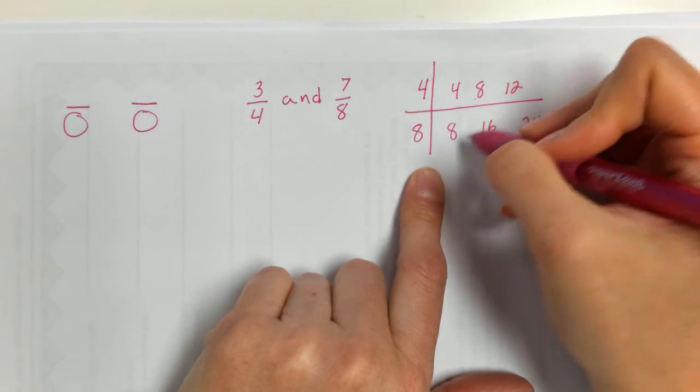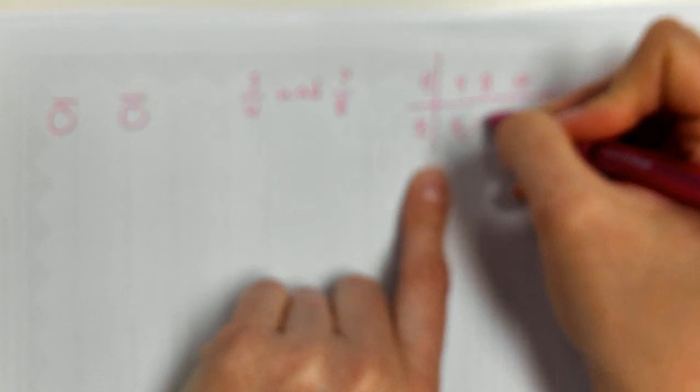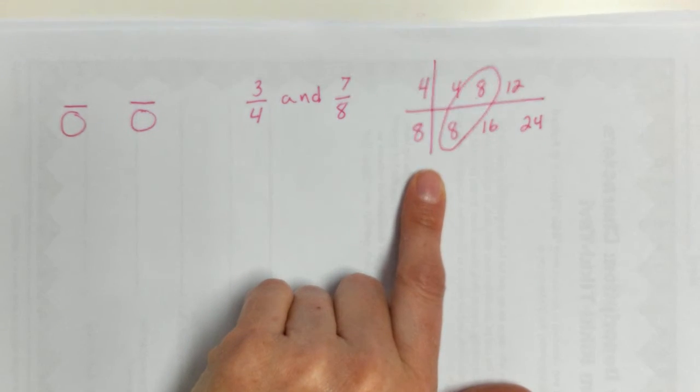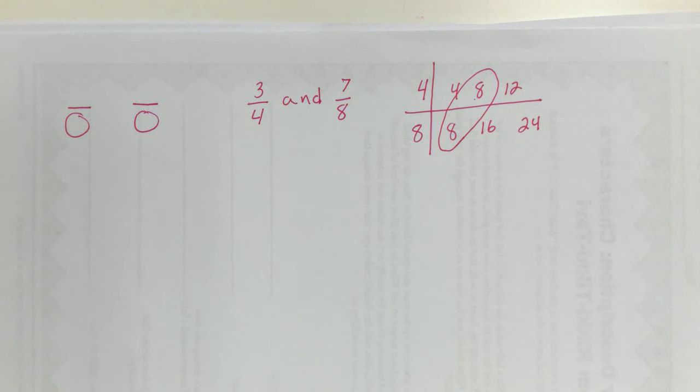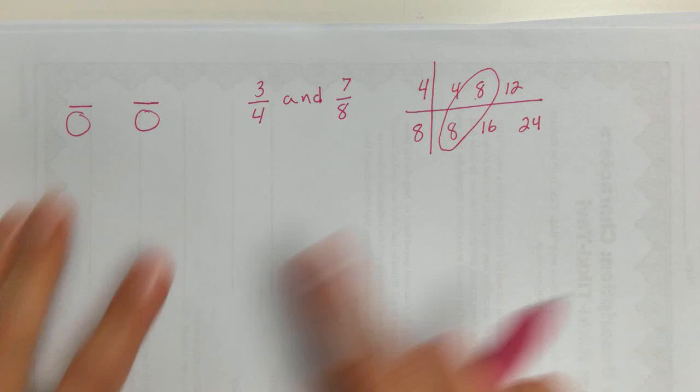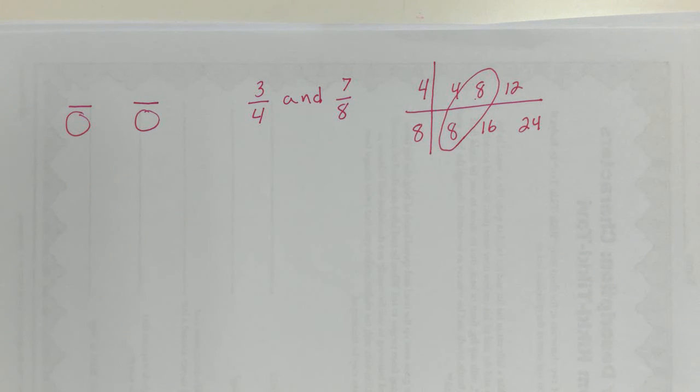No. Once I get to 8, I have found a common multiple. So a common multiple can be my common denominator. I have found the lowest common multiple. Now I'm going to find equivalent fractions with the lowest common multiple as the denominator.